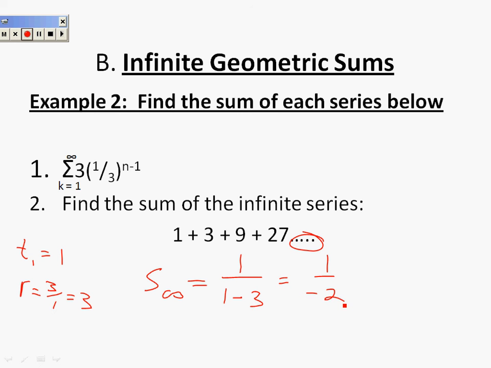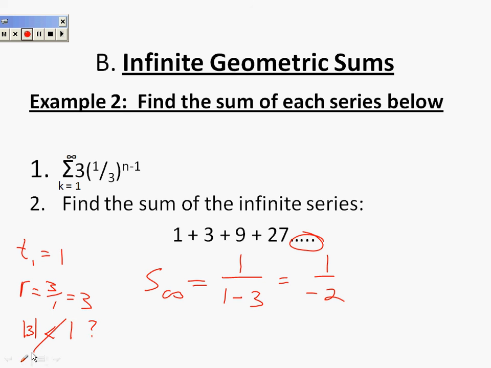Does somebody know why this is a false answer? That's right. Remember, to use the infinite geometric series rule, the absolute value of R has to be less than 1. And is the absolute value of 3 less than 1? No. So we are not allowed to use this formula.